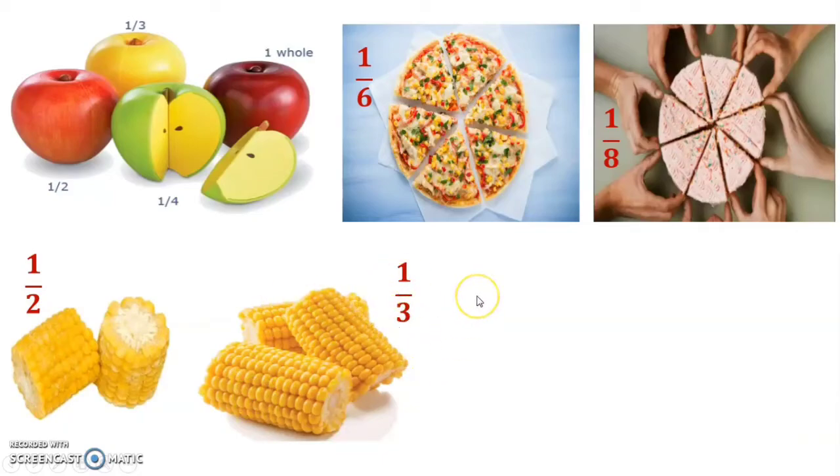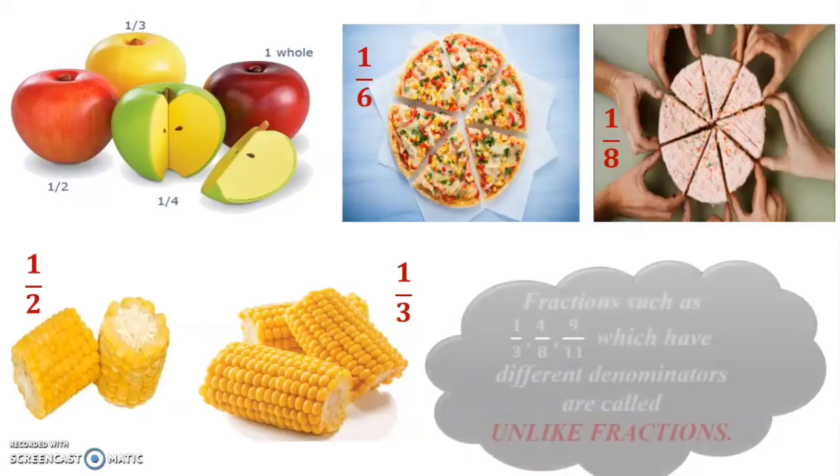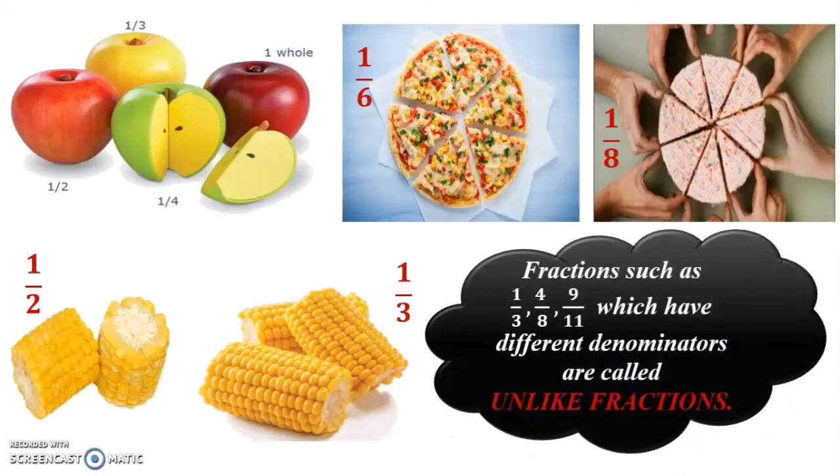So we observe that we have fractions with different denominators. So fractions such as 1 upon 3, 4 upon 8, 9 upon 11, which have different denominators, are called unlike fractions.